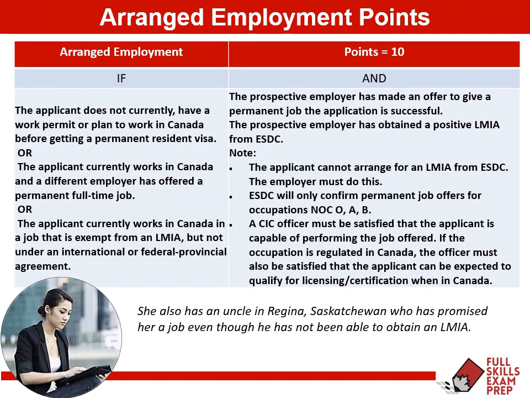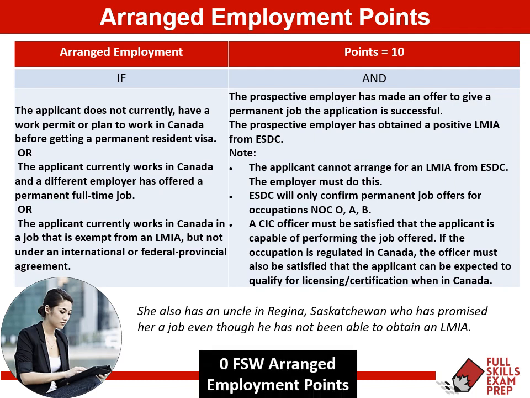So when we go back to Shing as our example, we could see that she has an uncle in Regina, Saskatchewan, and he's promised her a job, even though he's not been able to obtain an LMIA. Now, she gets 0 points for arranged employment because she doesn't fall into this category.